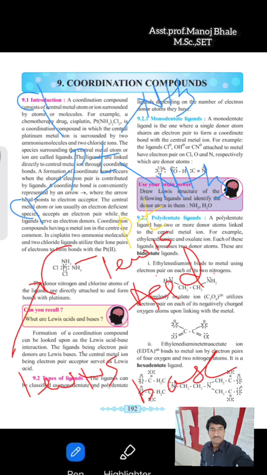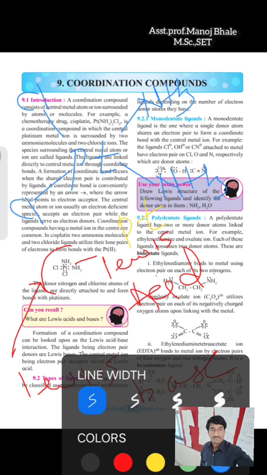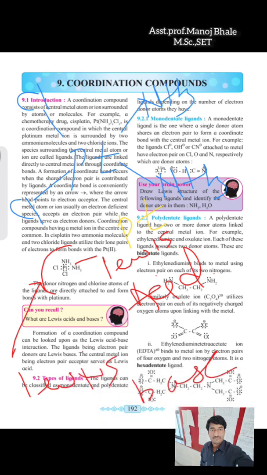In this structure, all these ligands donate electrons to the central metal. The arrow indicates the electron pair donated from this ammonia to the platinum, our central metal. This ammonia has its arrow directed towards the platinum.